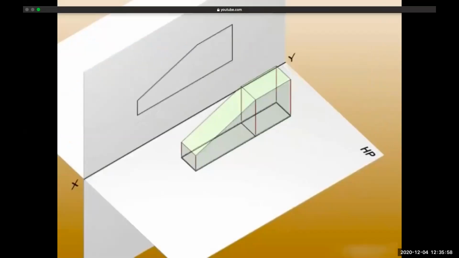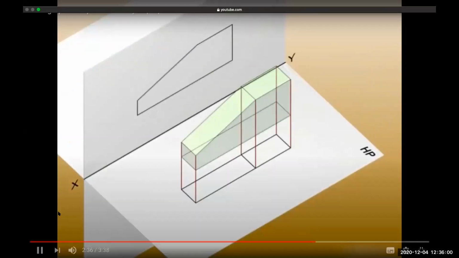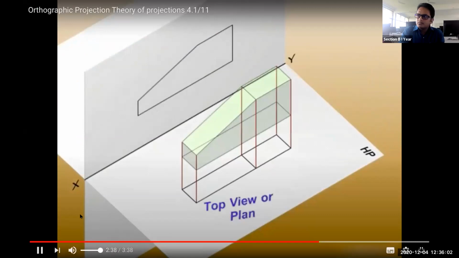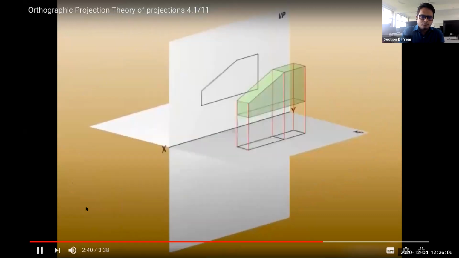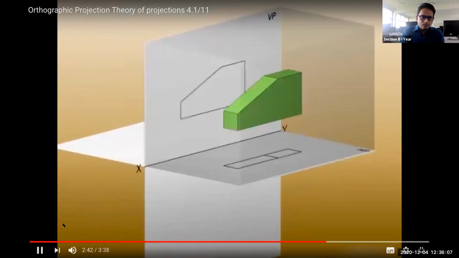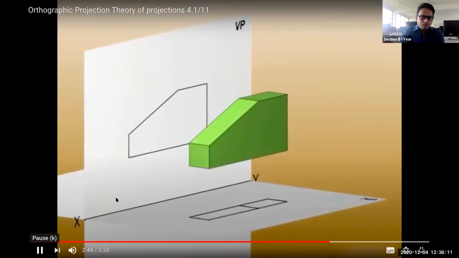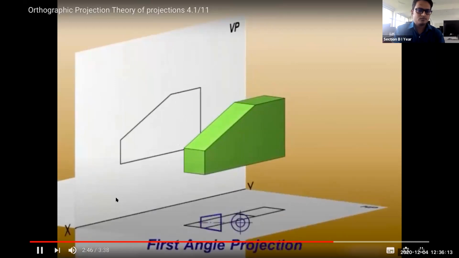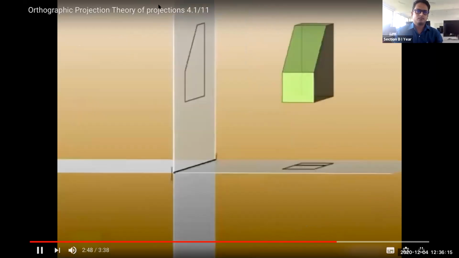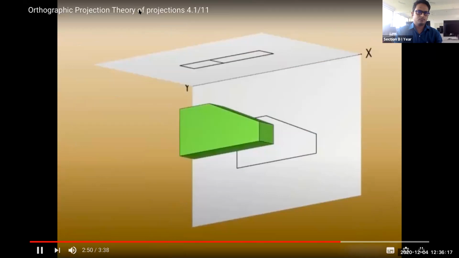Then the image HP is known as top view or plan. Audible, sir, now. The object is in the first quadrant. The projection up is the first angle projection. Similarly, if object is situated in the third quadrant, then projection is known as third angle projection.